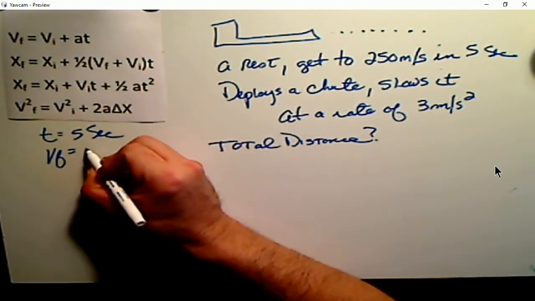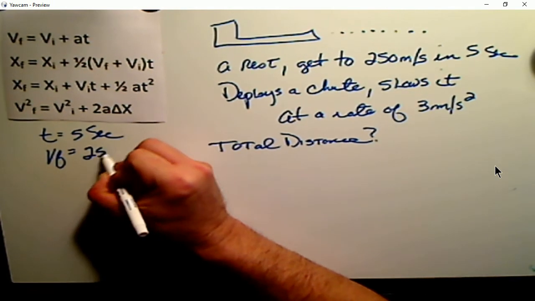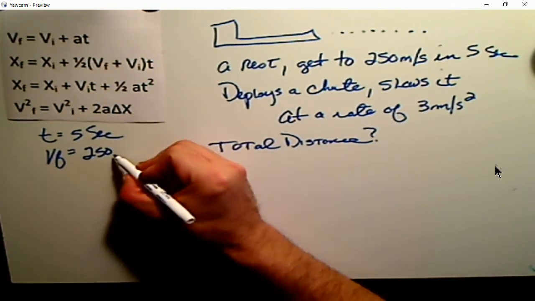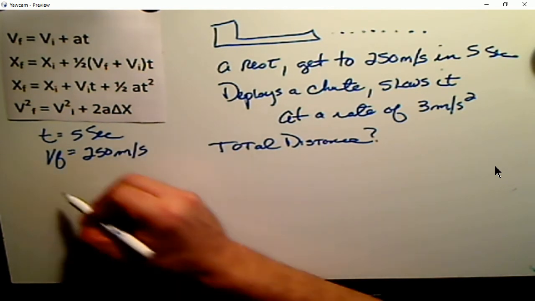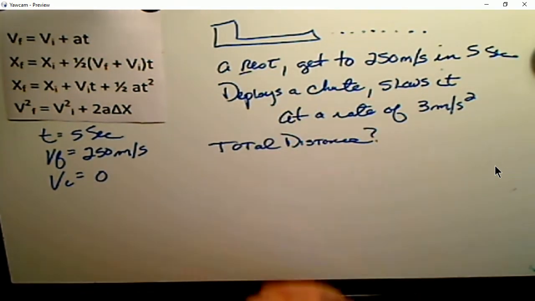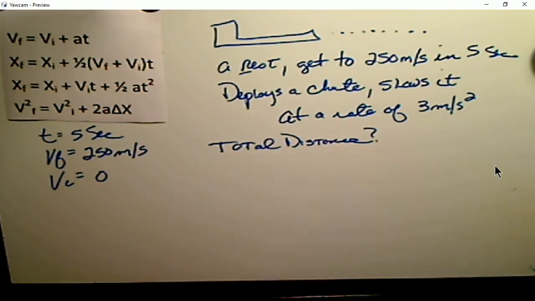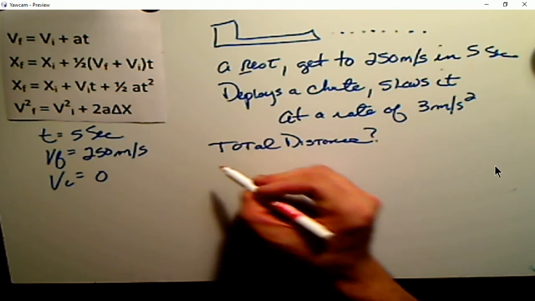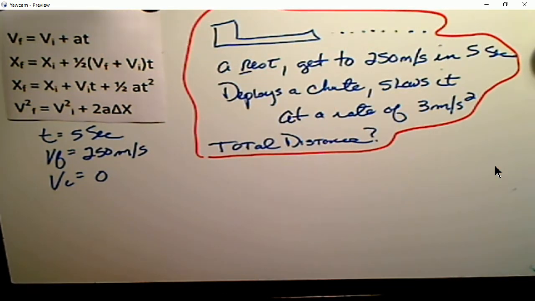So velocity final, 250 meters per second. Velocity initial, well, we're starting from rest. So this is the first part of that problem. We've defined the problem. Now we're going to say, okay, that's the first part.